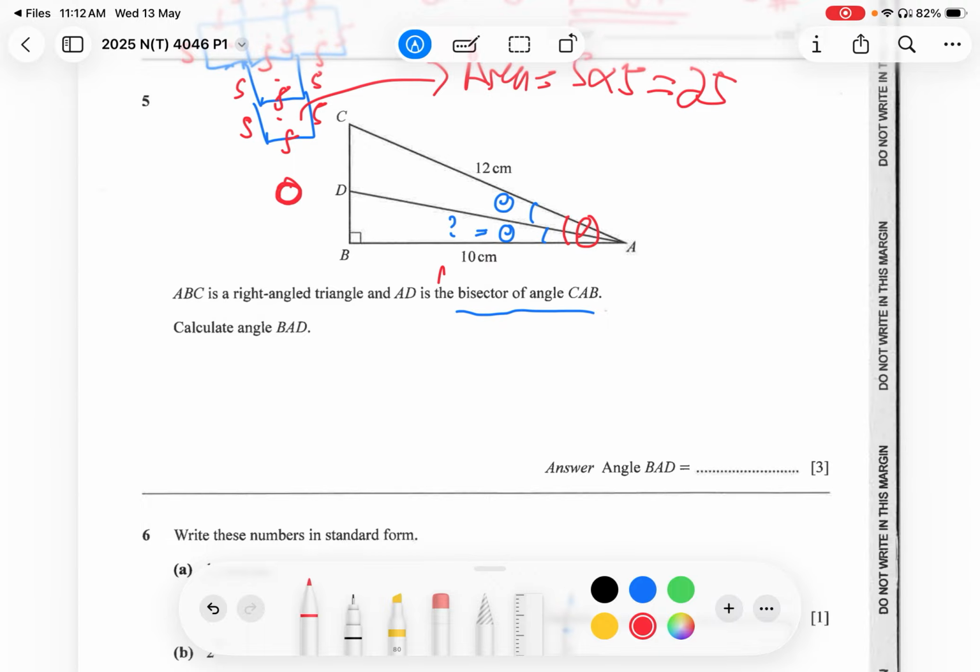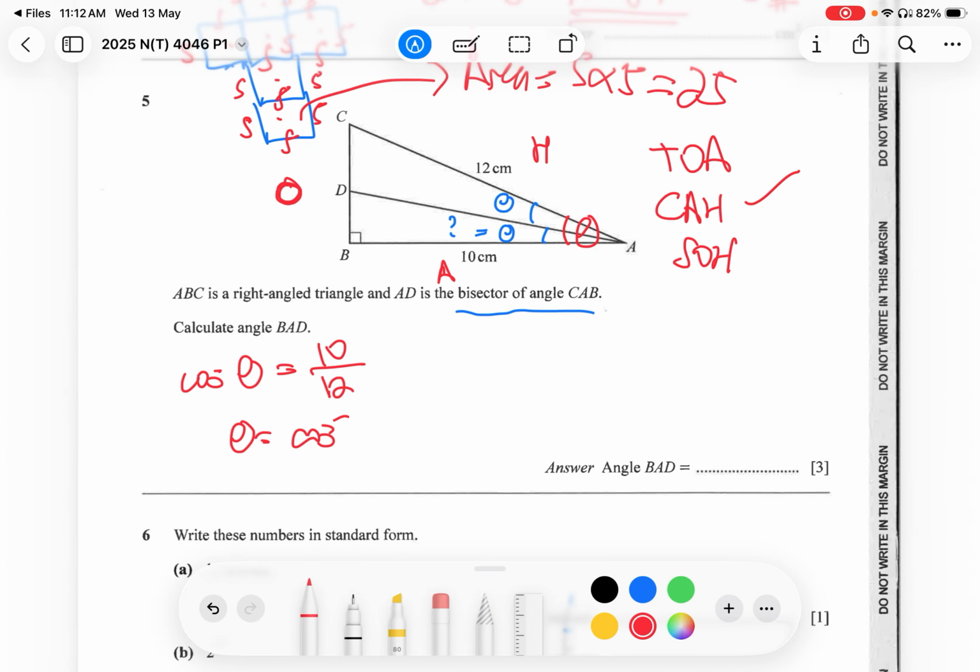This is the O, this is the A, this is the H. SOH CAH TOA, so I only have A and H. I use cosine. Cosine theta is A over H. The angle theta is cosine inverse of this, 33.557 degrees.